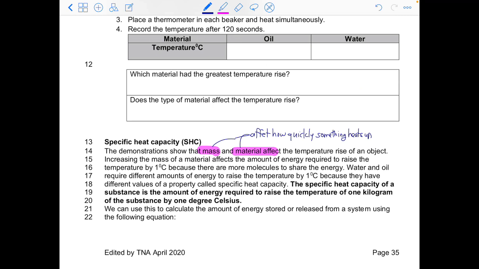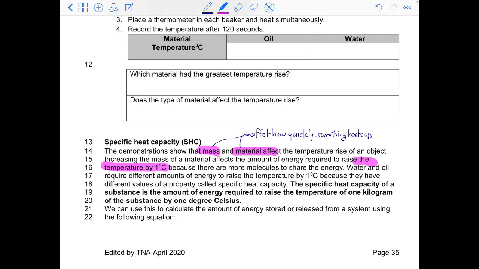Right? So increasing the mass of a material affects the amount of energy required to raise the temperature by 1 degree Celsius. So that is how we measure that energy, how much energy it takes to raise the temperature by 1 degree Celsius. And this is because there's more molecules. So if we have more mass, there's more molecules to share that energy.